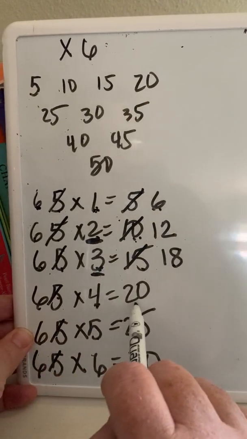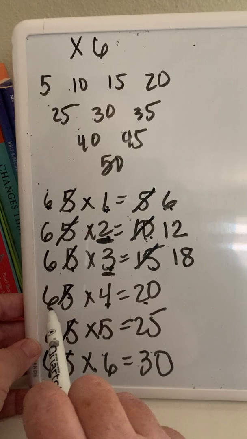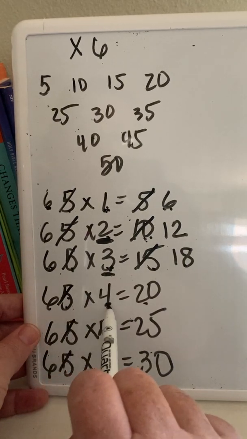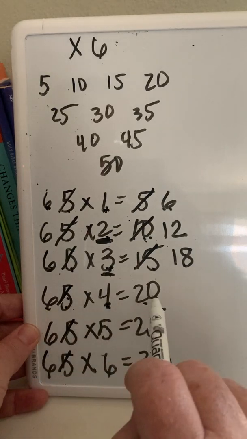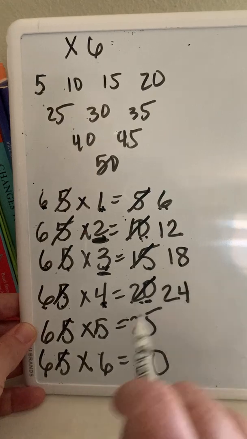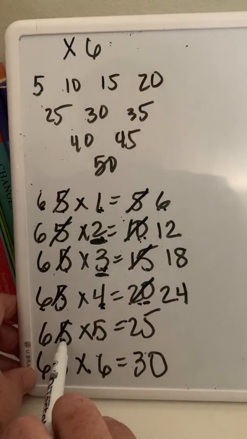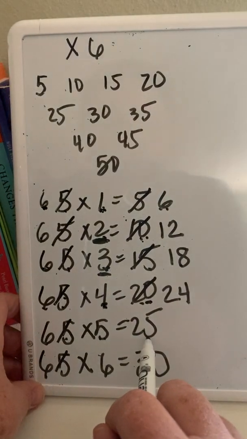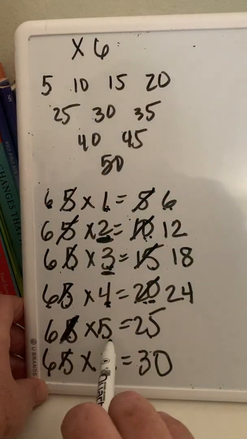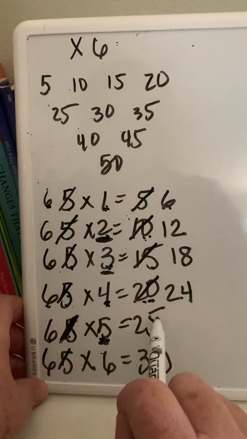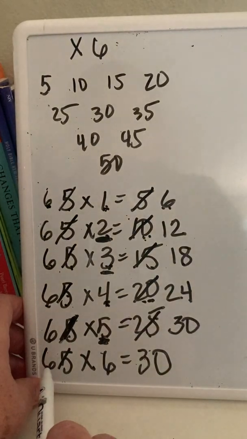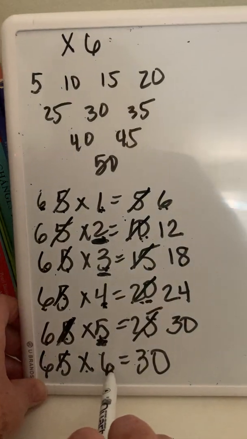5 times 4 is 20. We need one more 4. We have 5 4s. 6 4s would mean one more 4 on this. What would that be? 24. 5 times 5 is 25. 6 times 5, you're just putting one more 5 on this. 30. 6 times 6.